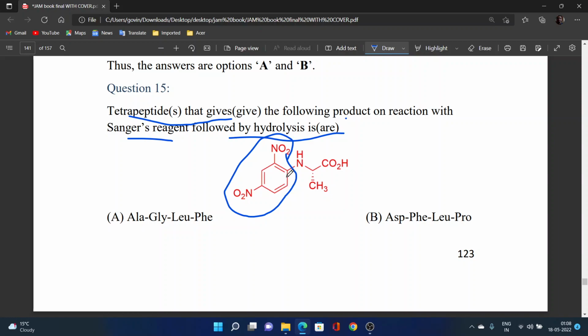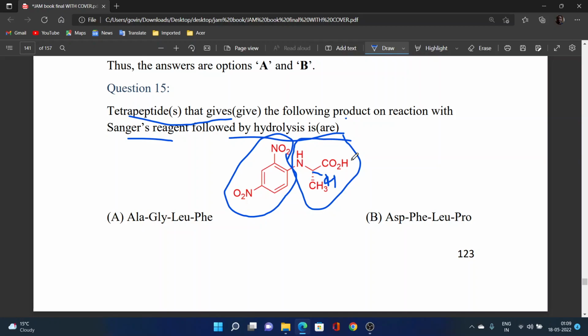It reacts with the N terminal of the peptide and then finally it hydrolyzes. So this part is the amino acid of the peptide which it hydrolyzes. We can see here there is a hydrogen here and CH3 here. Very clearly this is alanine. That means it is breaking the alanine from the N terminal.